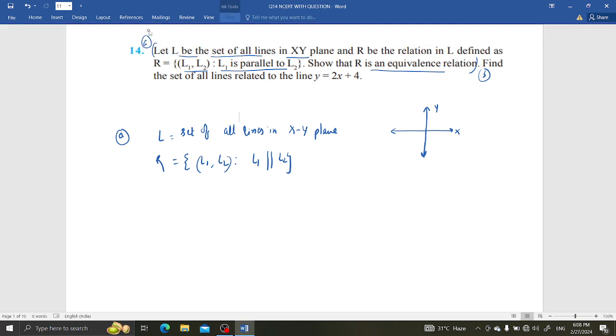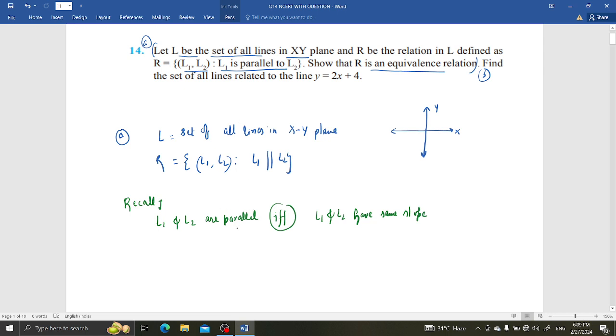One thing I will remind here, recall: L1 and L2 are parallel if and only if L1 and L2 have the same slope. If L1 and L2 have the same slope, then we can say two lines are parallel. This thing you already know.